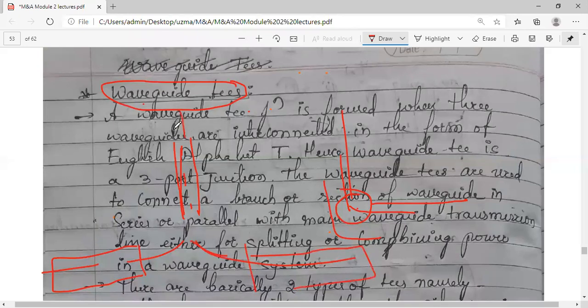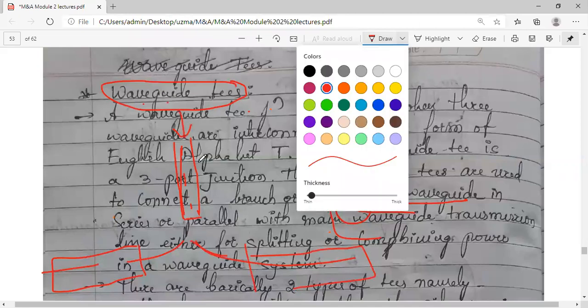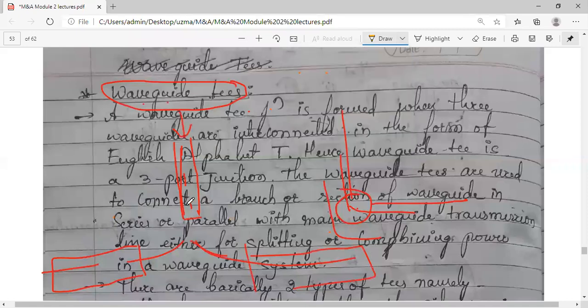Assume a wave is propagating through this waveguide. So if I use this waveguide T, something like this, let me take a different color, whatever red color I have drawn, these are nothing but your waveguides. Now, if I use a waveguide T, something like this, what will happen?